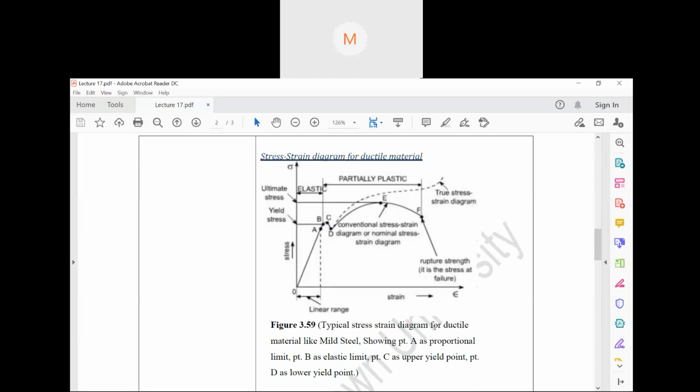Beyond that, Hooke's law does not remain valid, as you can see from the diagram. Why does it happen? It happens because of the varying amount of stress and strain.